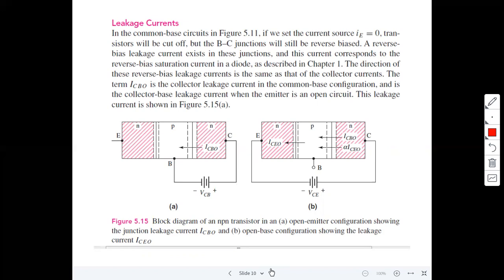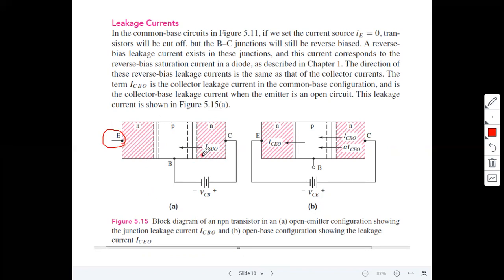Now coming to the bipolar junction transistor, observe here. Mainly we are considering CE configuration and CB configuration. In the first case, this is an NPN transistor with emitter, base and collector. In active mode of operation, the emitter base junction is forward biased, there is no doubt about that, when the emitter is open circuited.